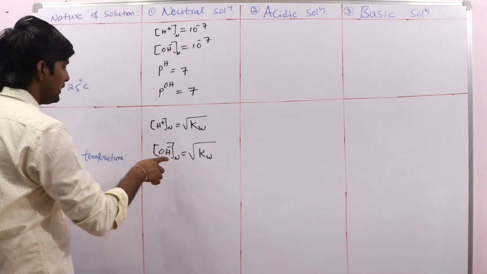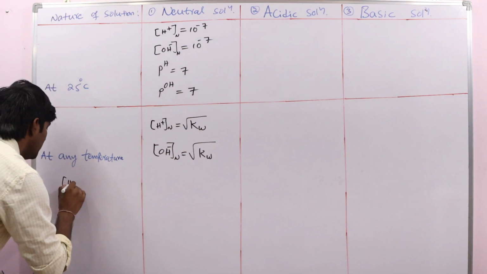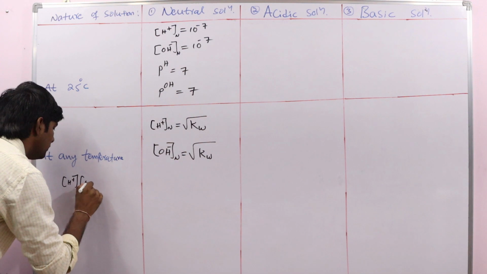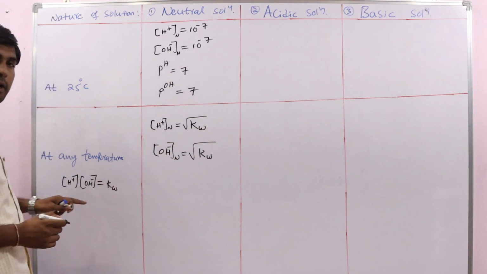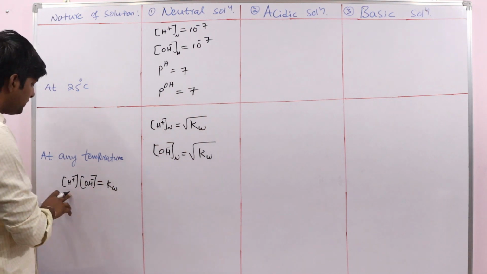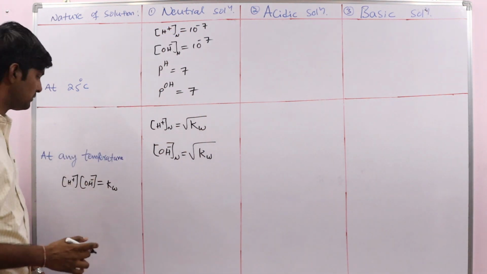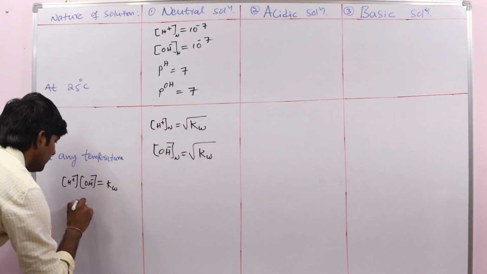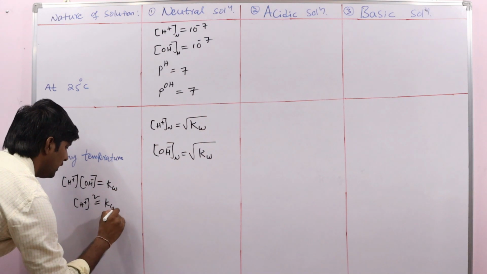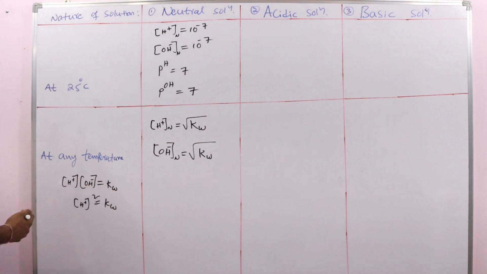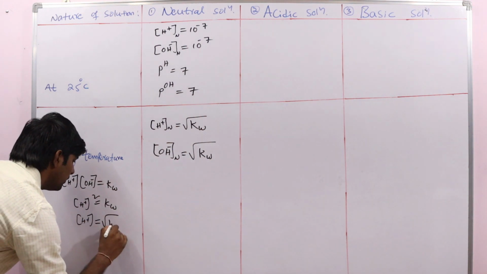So here I will write for understanding purpose. We know that H plus ion concentration into OH minus ion concentration equals Kw. Yes or no? H plus ion concentration equals OH minus ion concentration in the neutral solution. So we get H plus ion concentration whole square equal to Kw. Yes or no? H plus equals OH minus, so H plus ion concentration is equal to root Kw.